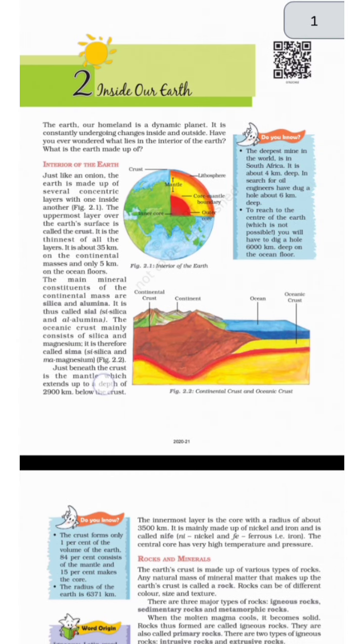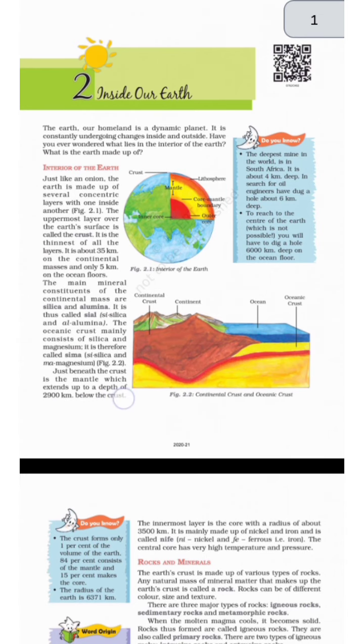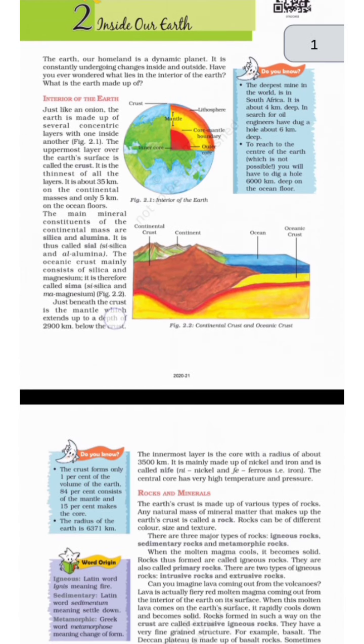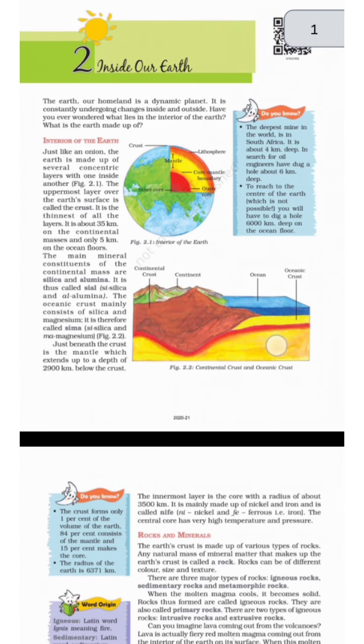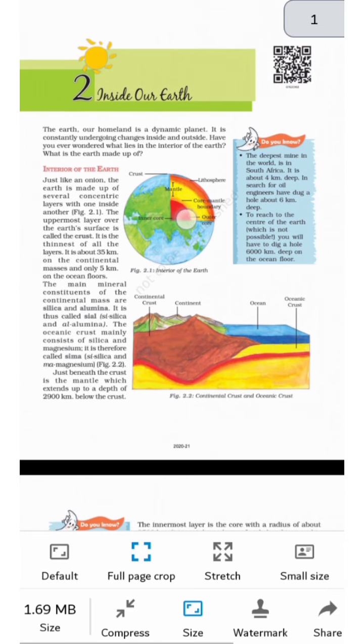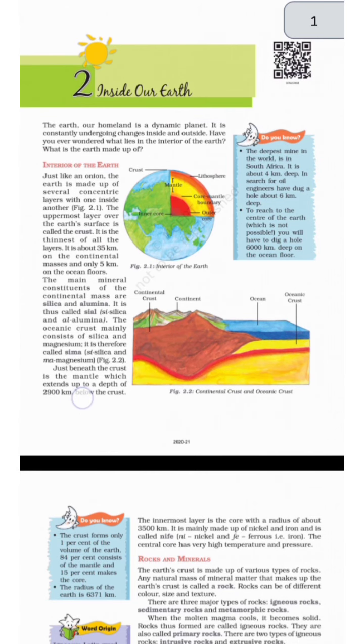And just beneath the crust is the mantle, which extends up to a depth of 2900 km below the crust. The layer beneath the crust is called the mantle. This yellow layer is called the mantle.